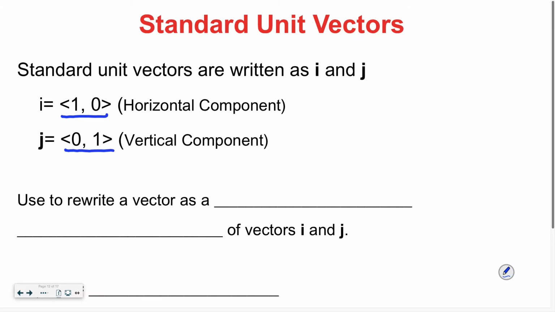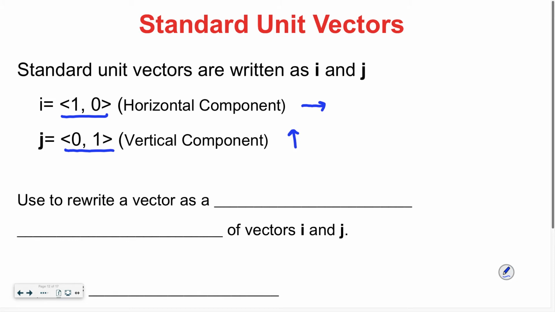These are what we call our standard unit vectors. Unit because they are magnitude 1. The vector 1, 0, and the vector 0, 1. They're unit vectors in the horizontal and then the vertical direction.